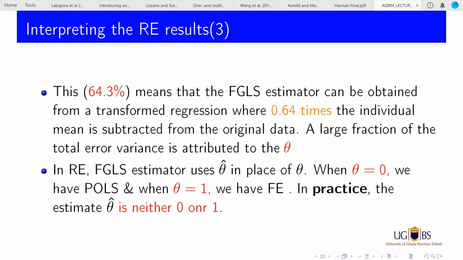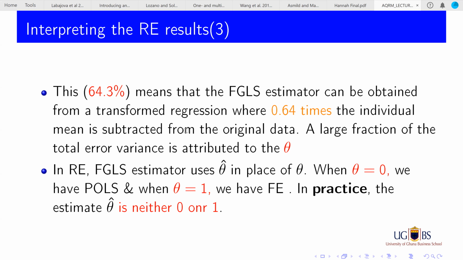That's what it means. So the 0.64 means that the random effect estimator can be obtained from a transformed model where 0.64 times, that is 64% of the individual mean, is subtracted from the original data.